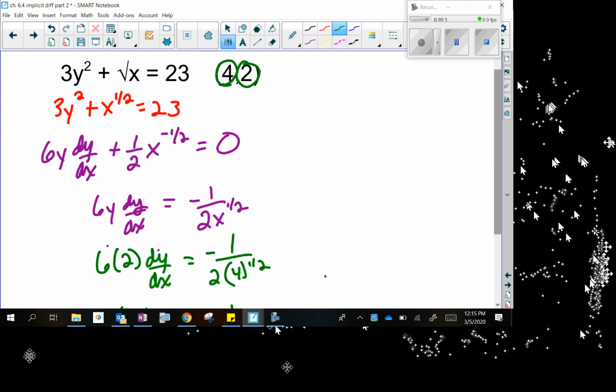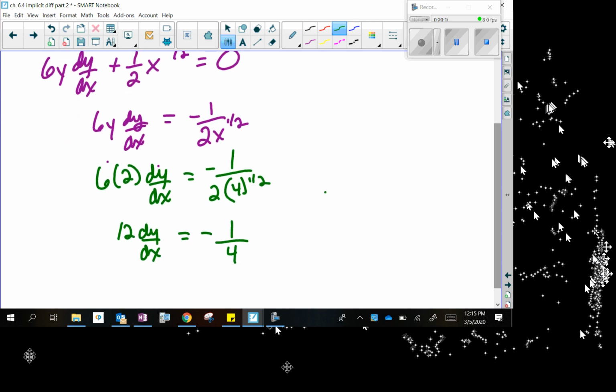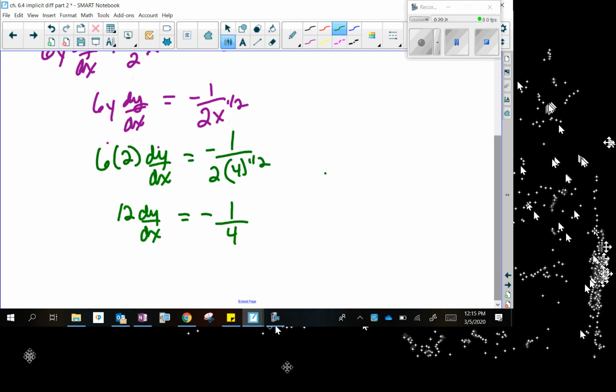Okay, so we're not completely done yet though. How do we solve for dy/dx then? Well, we want to get rid of this 12. We still need to get dy/dx by itself. Multiply by the reciprocal. Now it's coming up with the fractions. So we do 1 over 12, right?